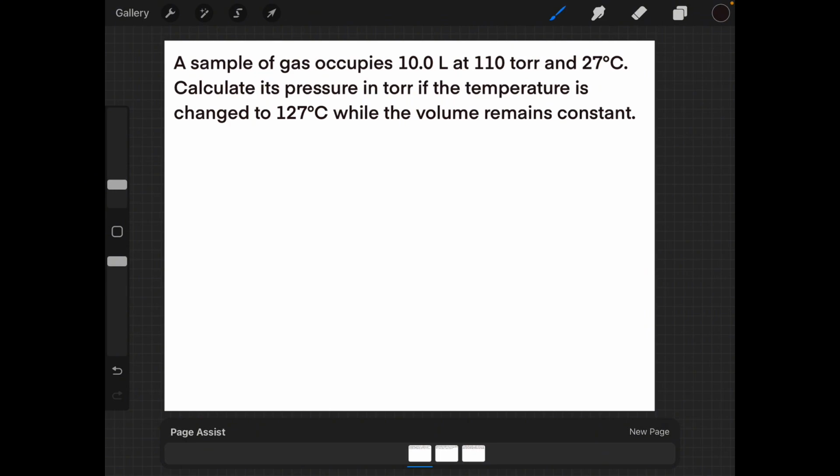To start any problem, I like to write out my variables on the side like this. And then I will fill in any information I am already given.